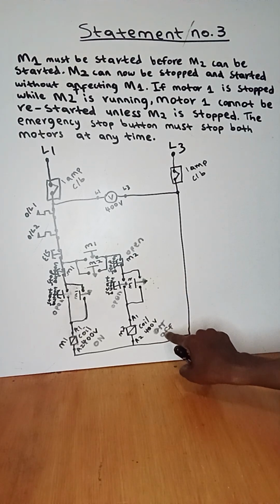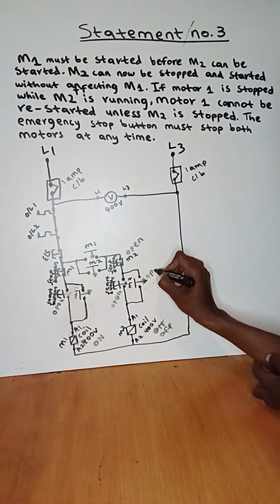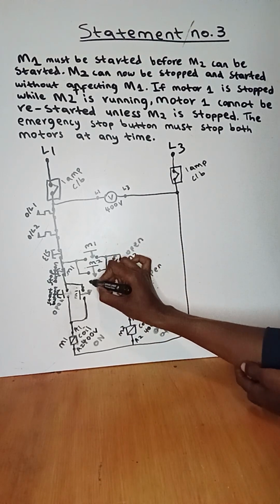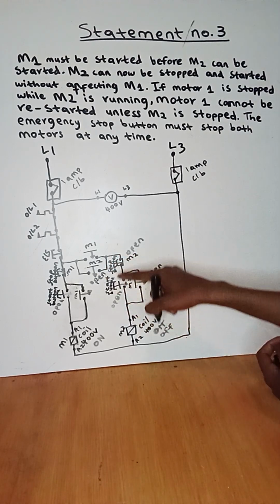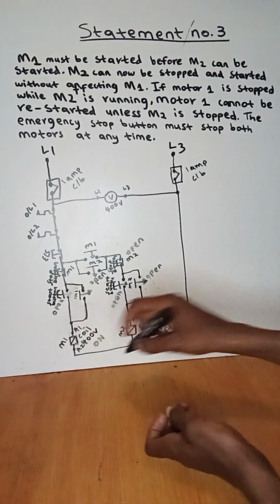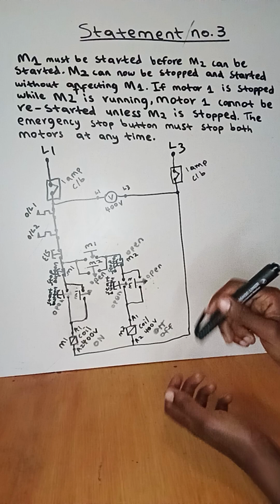So when it's off, it will affect these contacts. This one will be open. This one will be open. But when it's open, let's check if it has affected motor 1 to be off.